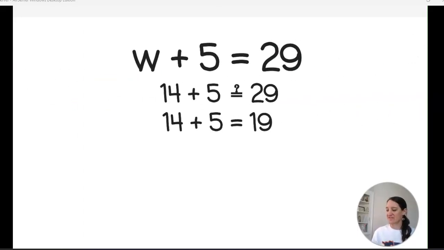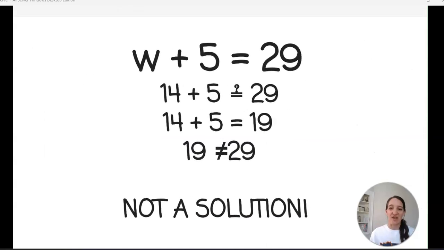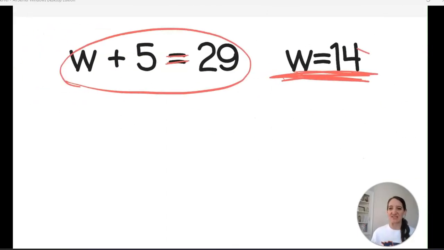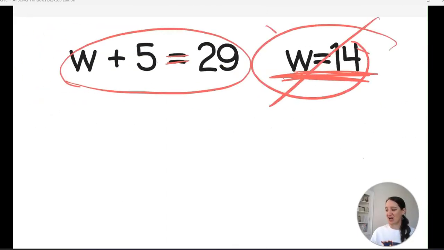So 14 plus 5 is 19, isn't it? So it is not equal to 29. So it is what we call not a solution. When we said that w equals 14, that's actually not the solution. That's not the correct answer.